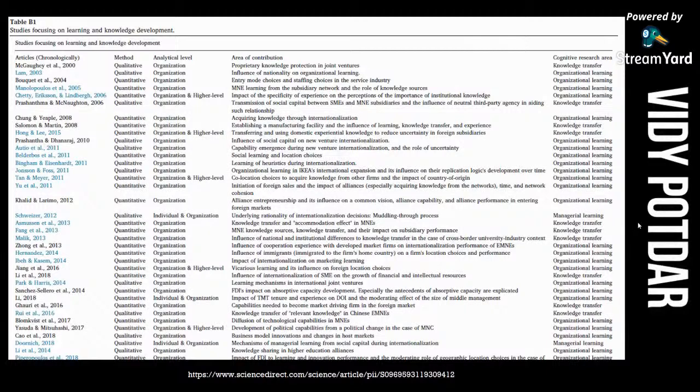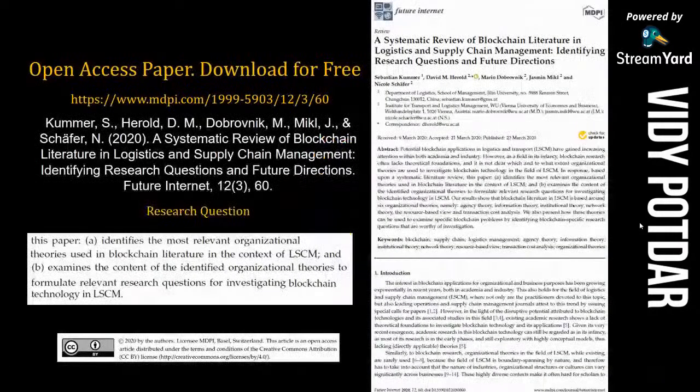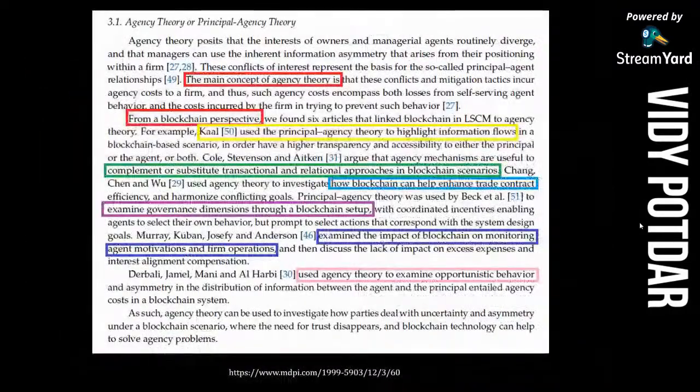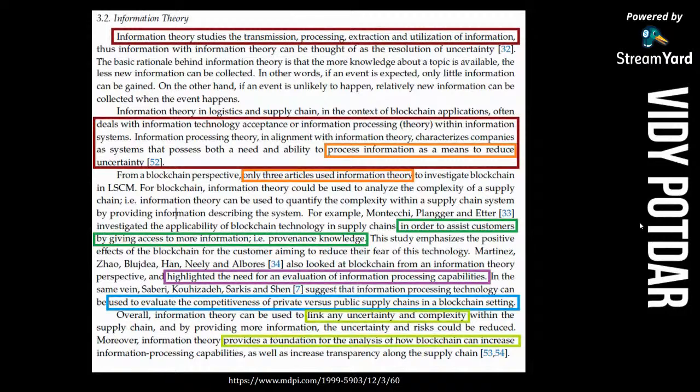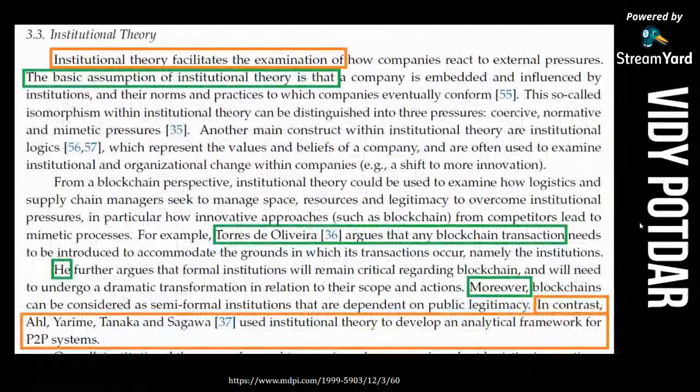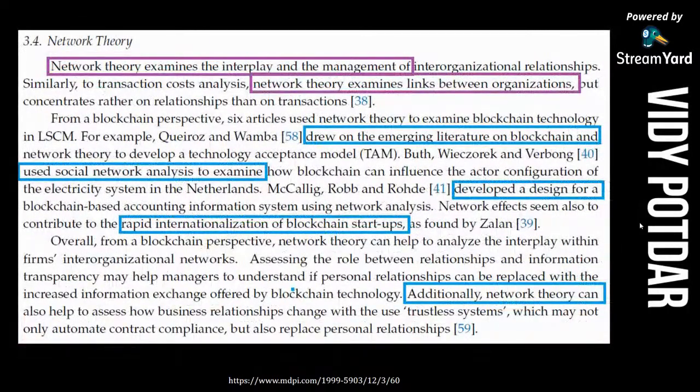Another very interesting table here showing the methodology that is used, what is the contribution, and the different areas. Another last case study. I think we covered this last time as well, where I showed they use different types of theories and assessed their implication on blockchain.